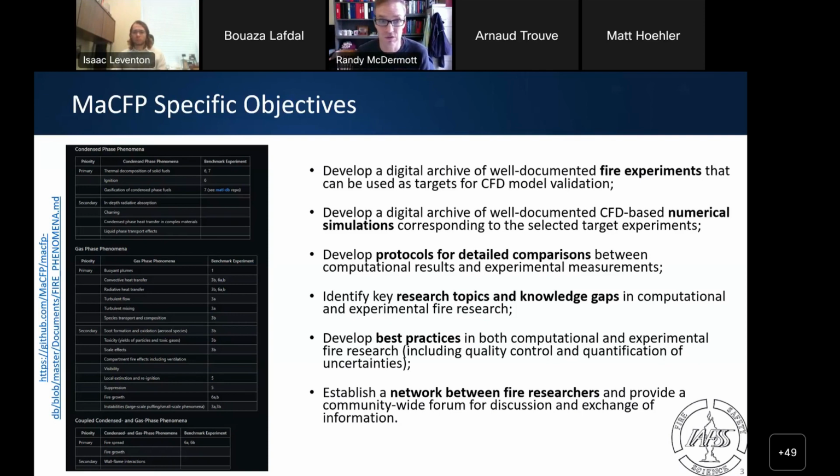So this is open for discussion and contribution and so on. I don't want everybody to think that this is just something that's been laid out and set in stone since the first day of MaCFP. I just thought that was important to bring up at this point.